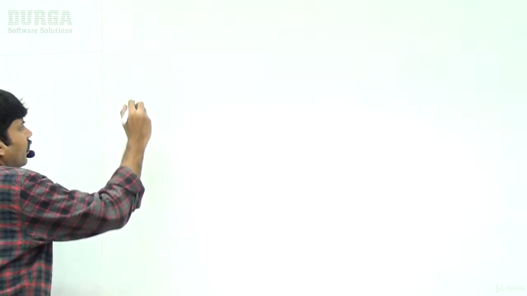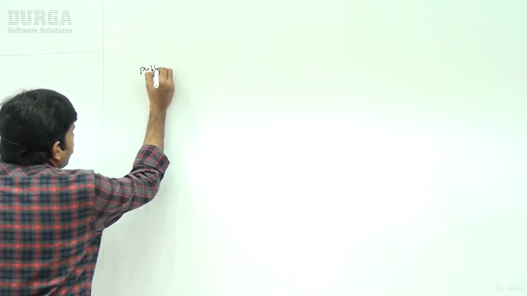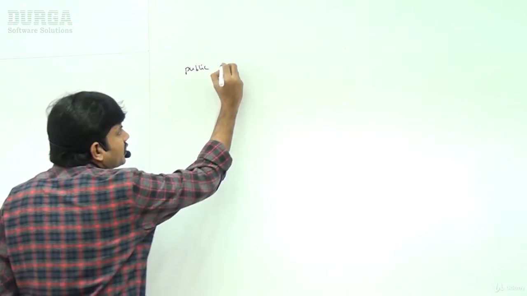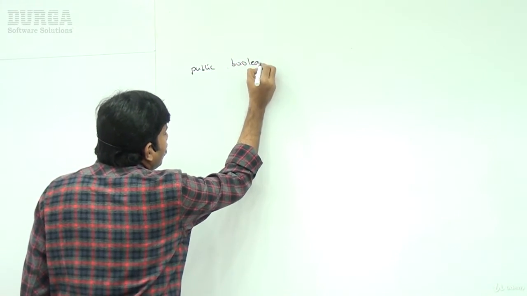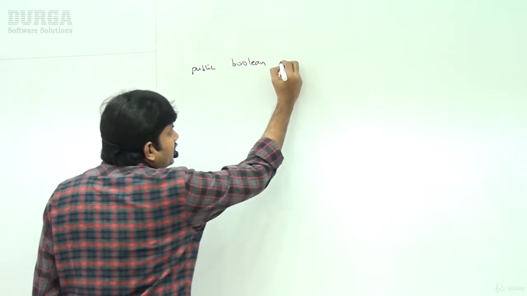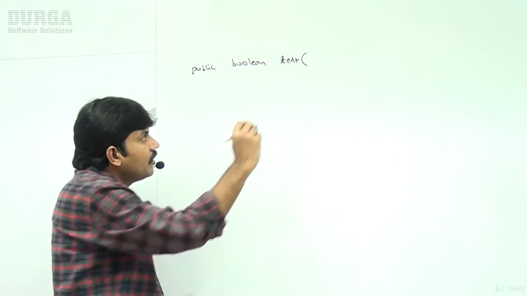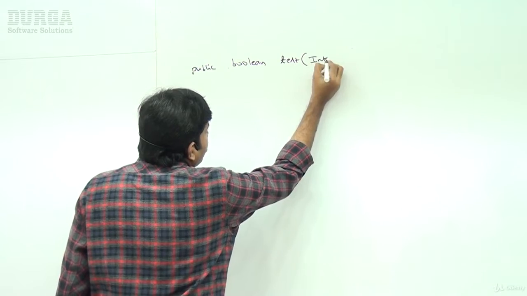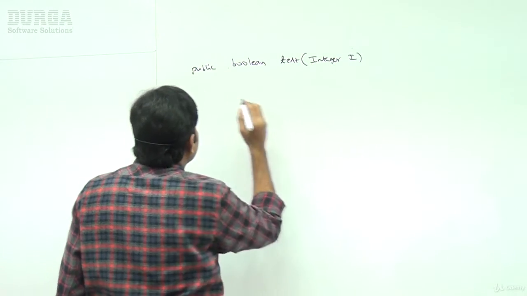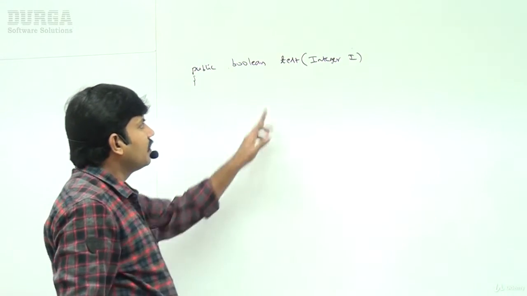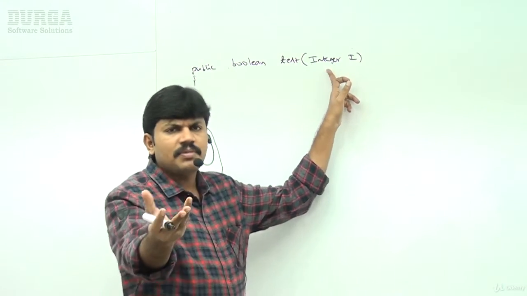Let me write public boolean, the test method. Public boolean test method. Now I am taking Integer i. Just have a look once. Integer i is the argument I am passing, some integer type.